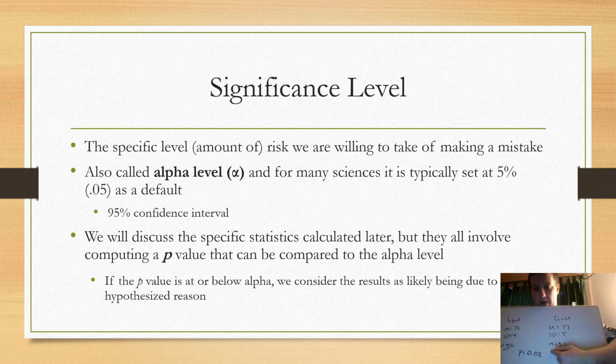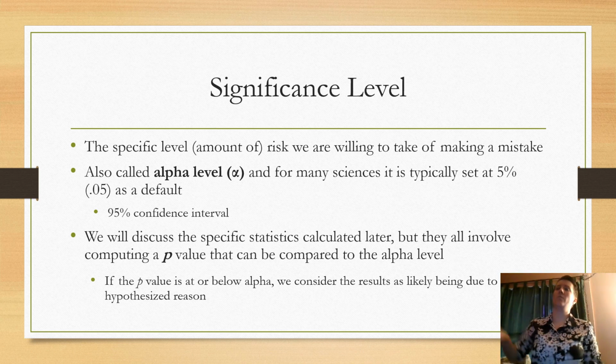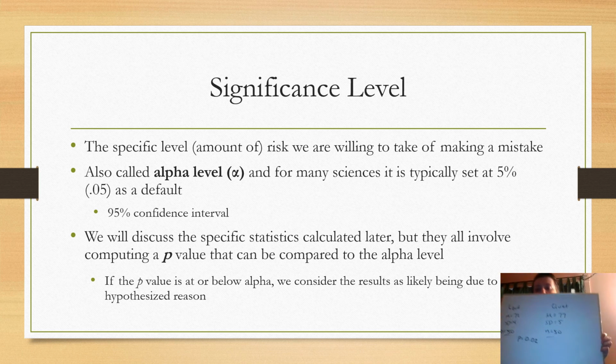So you can say there's a 2% chance that, if these populations of people were really the same, if people who take tests in loud conditions and people who take tests in quiet conditions really are the same, we would get these results: the 72 mean with a standard deviation of 4 for loud, and the 77 mean with a standard deviation of 5 for quiet.